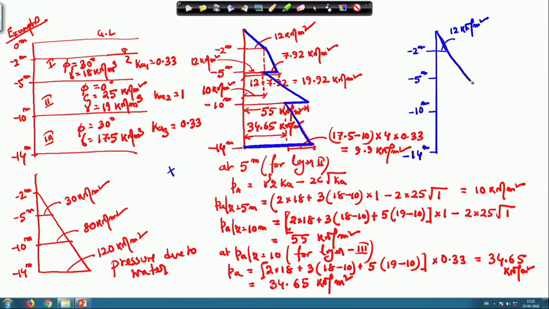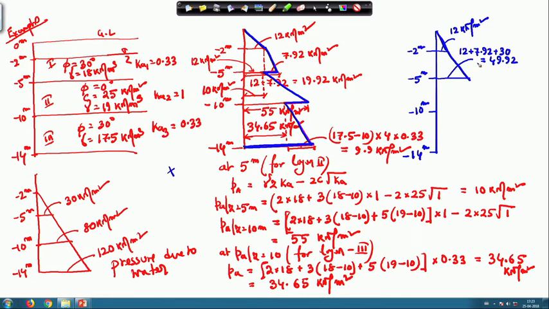So, for the first layer, this value will be 12 plus 7.92 plus 30, which is equal to 49.92. I am not writing the unit, it is kilonewton per meter square.